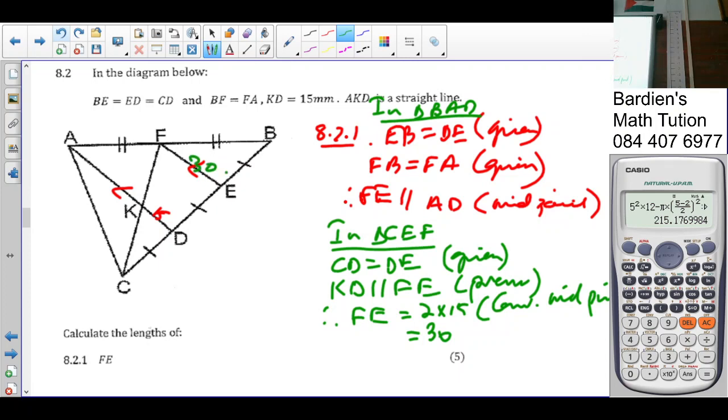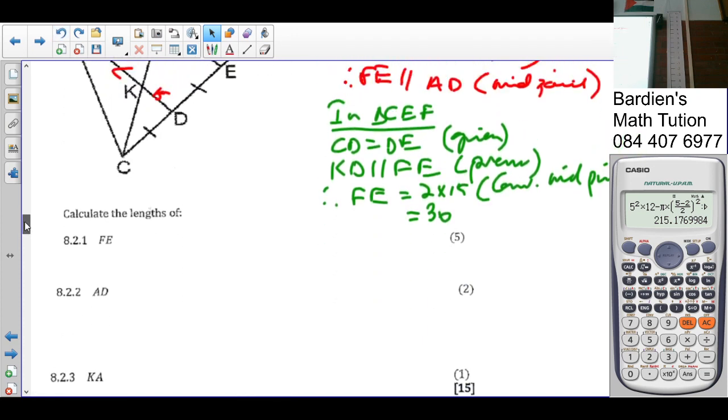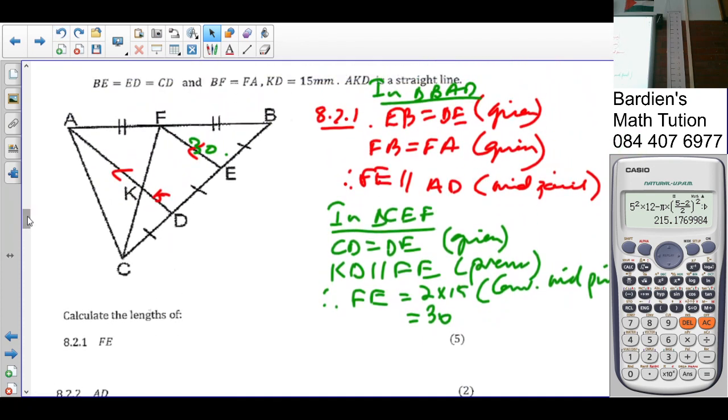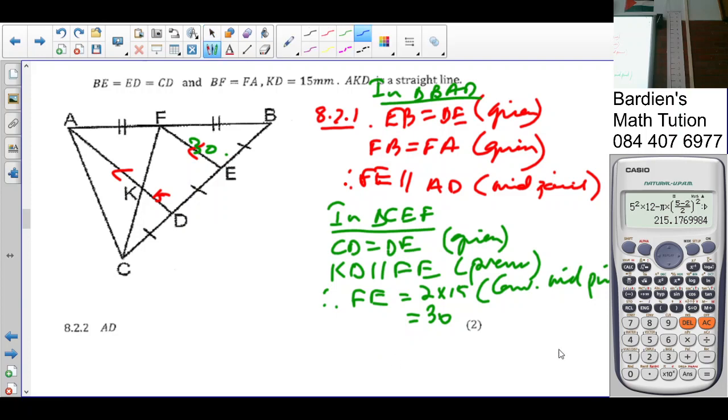Alright. The next question, we are asked to calculate AD. So if we look at AD, what do you notice? Again, midpoint theorem here.